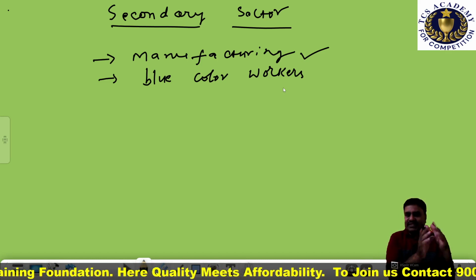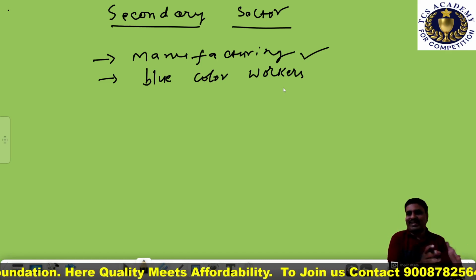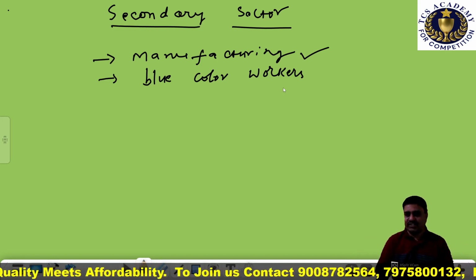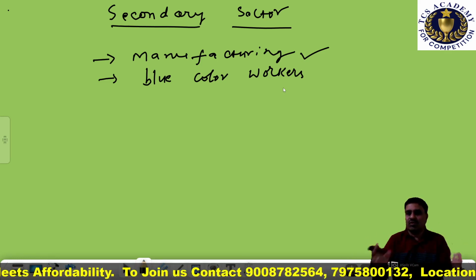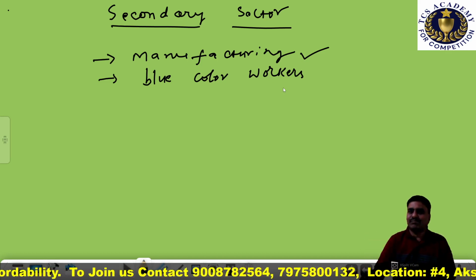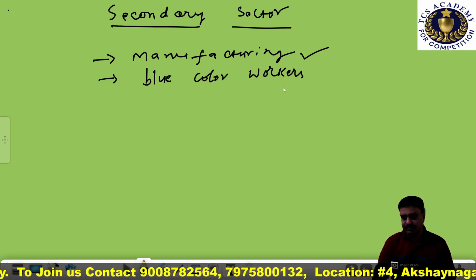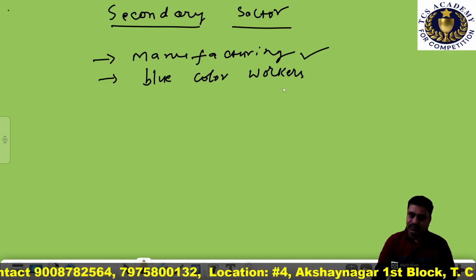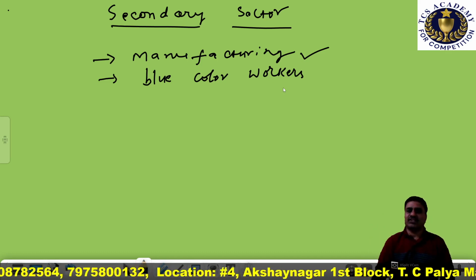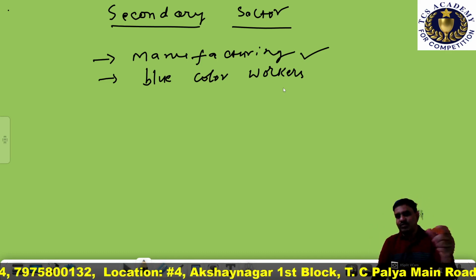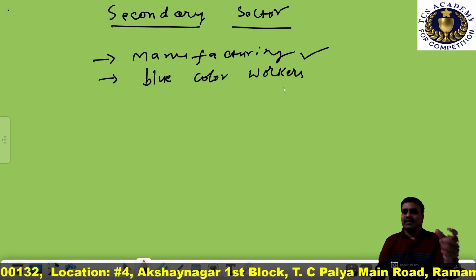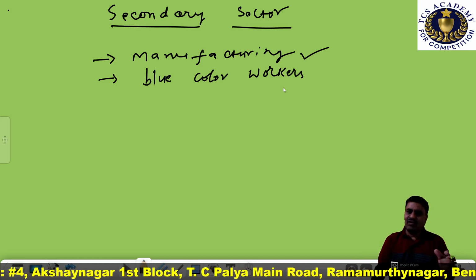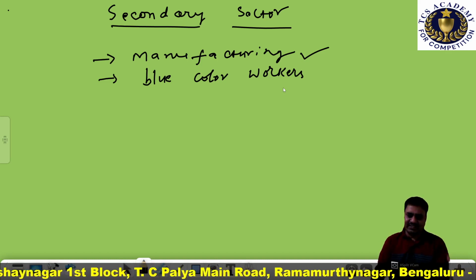Within the prescribed place where they work, they do light physical activities, and they produce a number of goods and services, converting raw materials into finished goods. That takes place in the manufacturing sector.